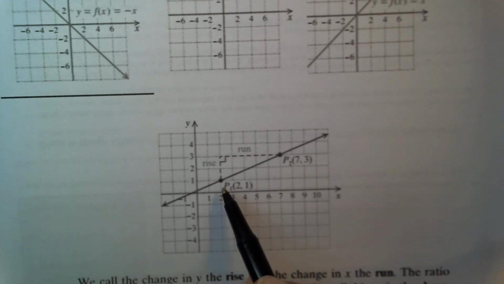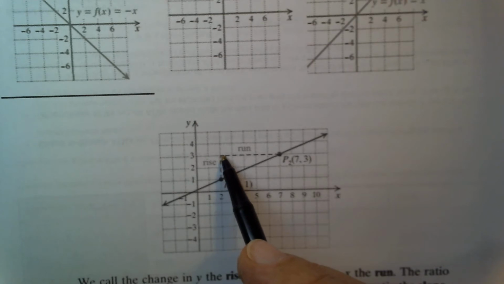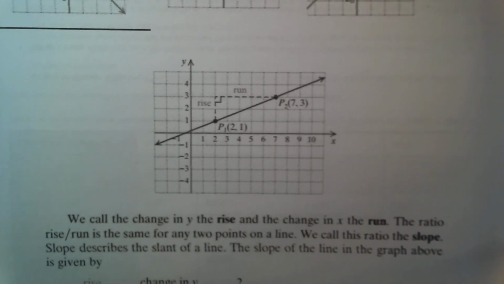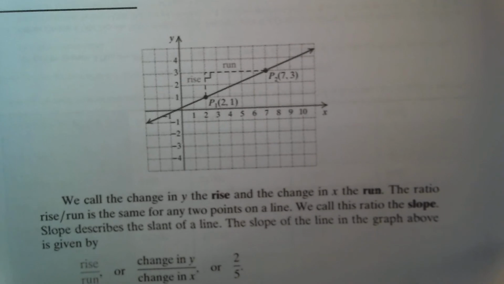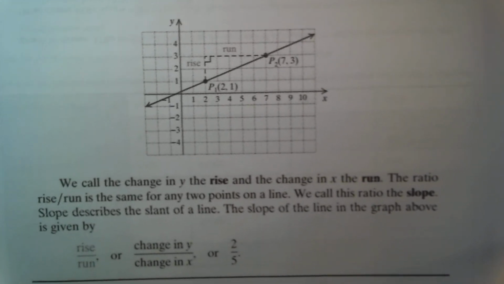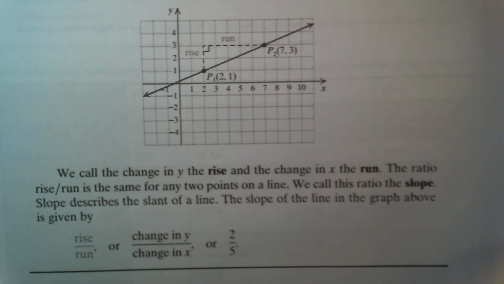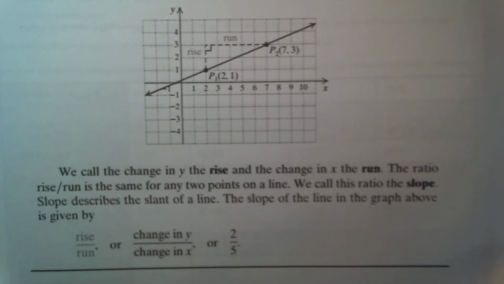In this example, the rise is 2, the run is 5, so it's 2/5, and again, that is the slope. In this particular example, it's just a number, but later on in the applications, we'll see that slope can have a lot of meanings, and it's a very useful number, as you will see once we get to the applications part.